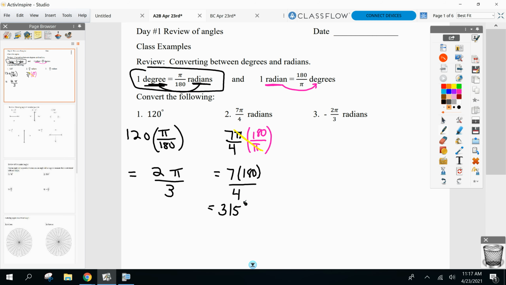All right, number 3. The only thing different is it's negative, so keep the negative all the way through. Still convert it the same way. It's in radians and you want degrees, so pick the correct conversion. Again, multiply by 180 over pi. Keep the negative sign all the way throughout.